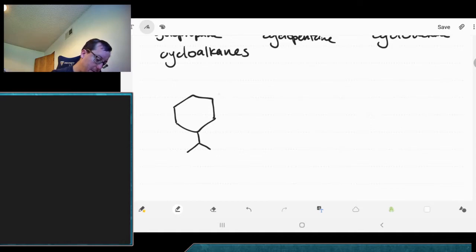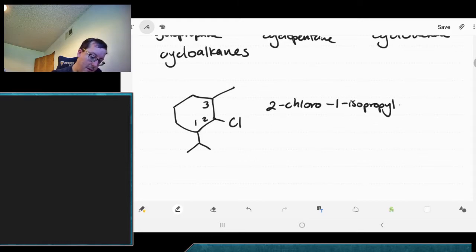Generally, though, if you have just a bunch of substituents on a ring, oops, not going to do stereochemistry on this yet, you would just name them and name cyclohexane or the cyclic alkane as your parent. So we might say for this one, we have 2-chloro-1-isopropyl-3-methylcyclohexane.